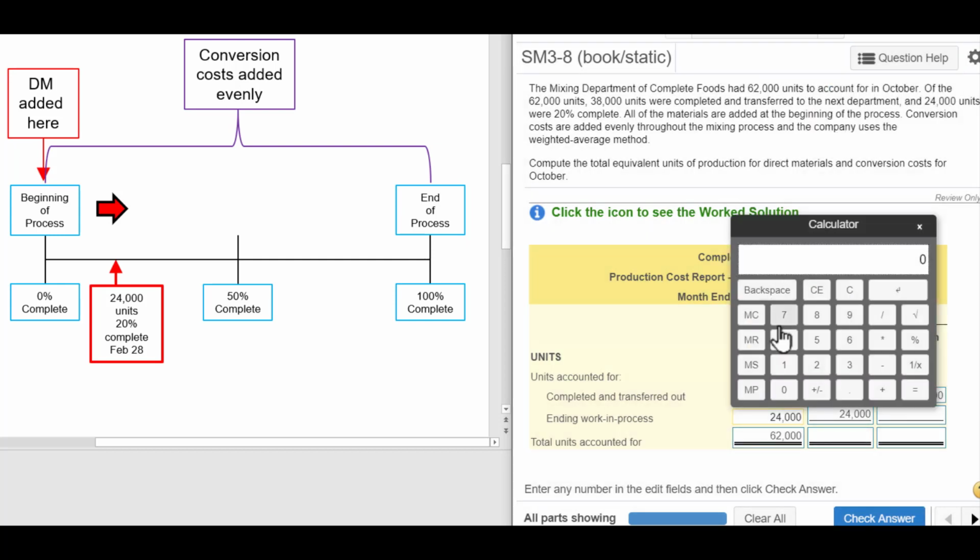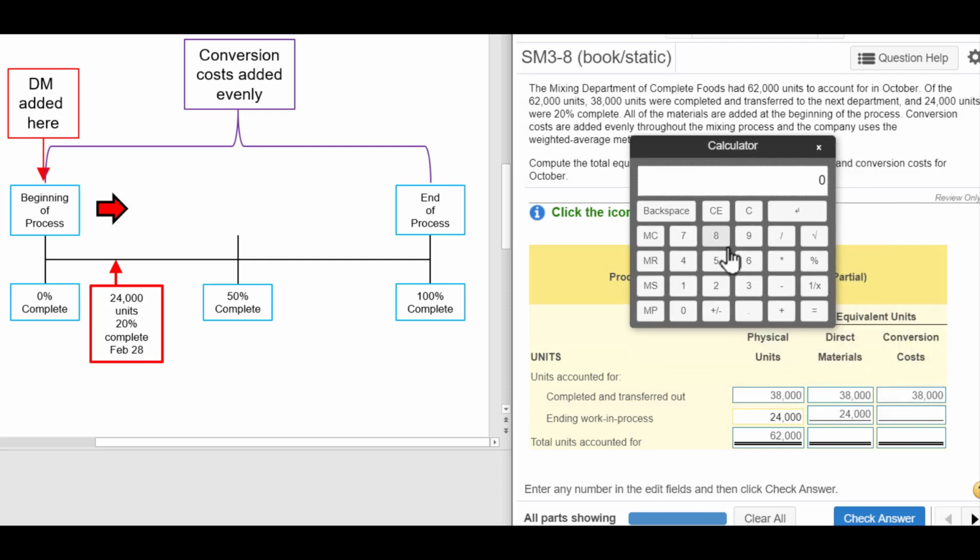So we've got 24,000, which I get from here, times 20% complete, times 0.20, gives us the equivalent of 4,800. So that's the equivalent of 4,800 units being 100% complete for conversion costs.